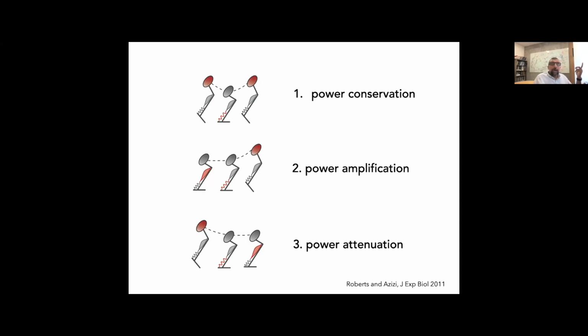And so we thought about tendons in that same way to try to understand, well, what are tendons likely to do in these various muscle function scenarios?